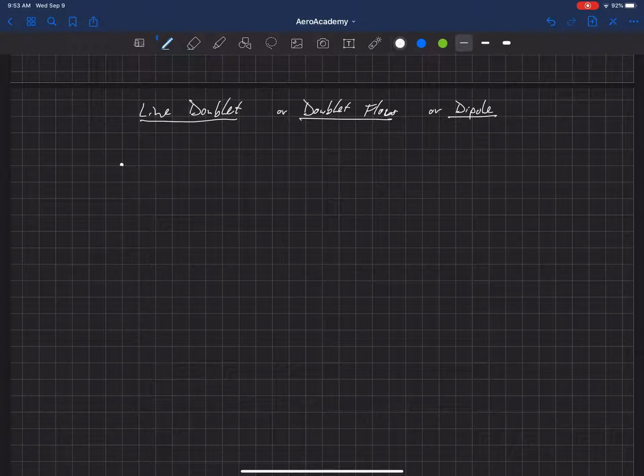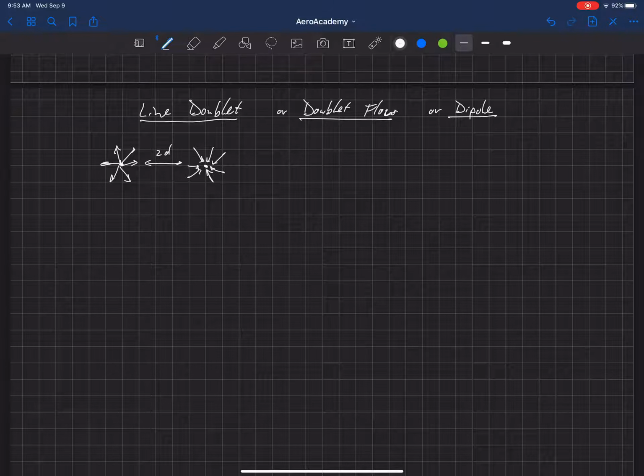So consider a source, a point source or a line source, and then a little distance away we have a sink that is equal and opposite in magnitude, and we're going to put these a distance between each other of 2 times d.